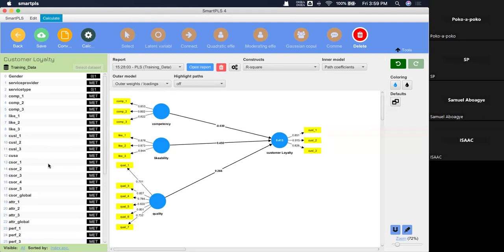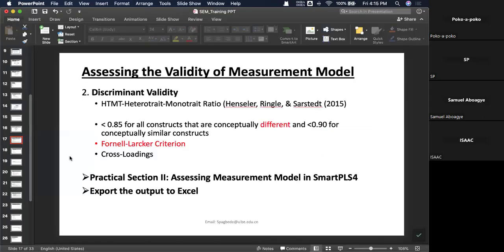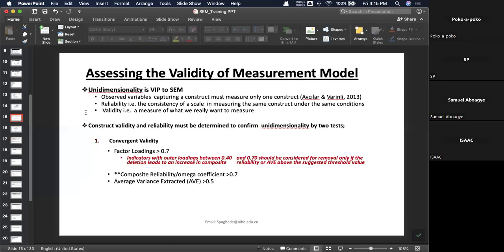Now that we've performed our convergent and discriminant validity test, the next thing to do is, remember, when you're writing your final output, you need to talk about this first. You need to tell us about your convergent validity. That means you're assessing the measurement model. If your measurement model is not valid, you can't evaluate the structural model. So after running the convergent validity test, you've examined the factor loadings, the composite reliability, and then the average variance extracted.